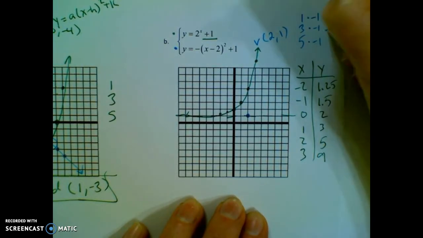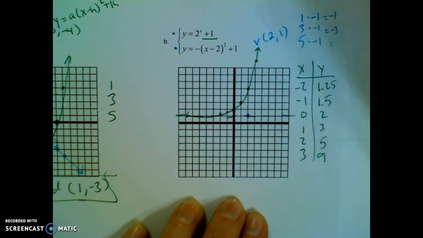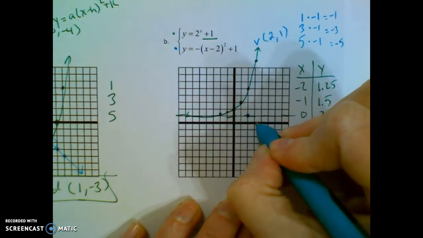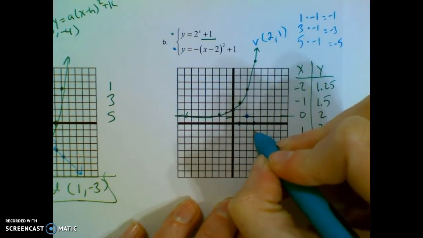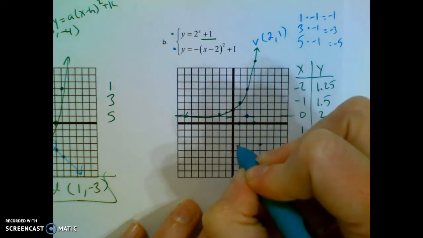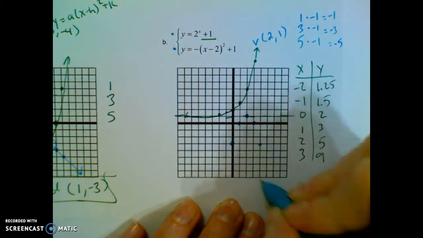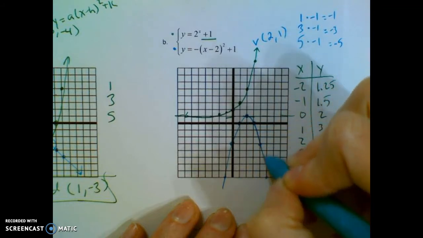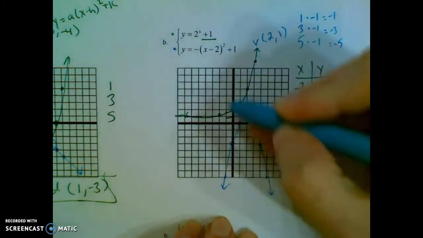I'm going to get a -1, -3, and a -5. So from this dot, go down 1 over 1, go down 3 over 1, and go down 5 over 1. So it's going to give me this line right here, my quadratic.